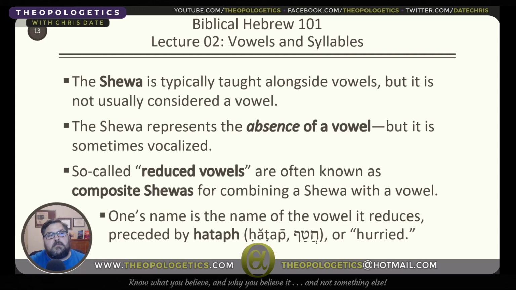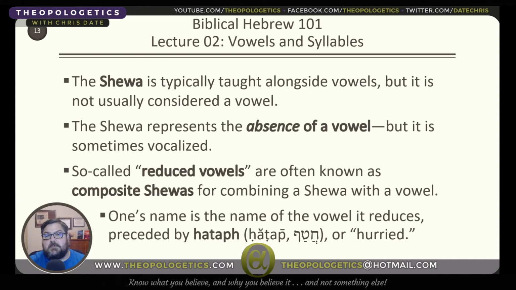Now, when the shava is silent, it's going to close a syllable. And so this is one way to create closed syllables. If you have a consonant with a vowel under it, and then you have another consonant with a shewa under it, which again represents the absence of a vowel, you know you've got a closed syllable.